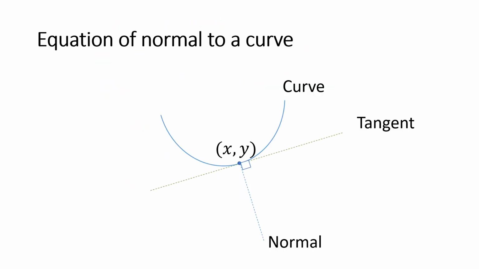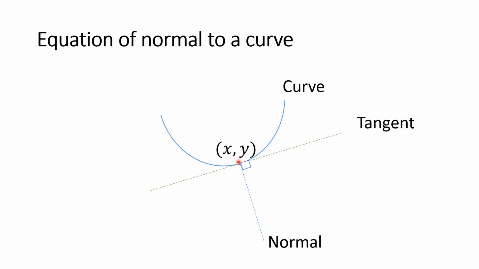Next, we look at how to obtain the equation of a normal to a curve. Take note that in this case, you have your curve and there is a tangent which is touching the curve at point (x, y). So we have a normal. Now the normal is actually perpendicular to the tangent. Once you obtain the gradient function of the curve, you can obtain the corresponding gradient of the curve at this given point.